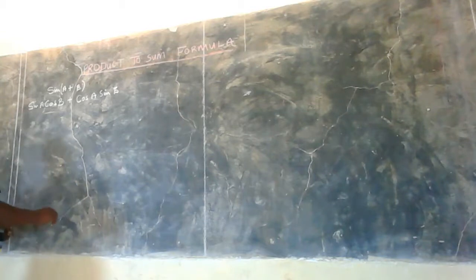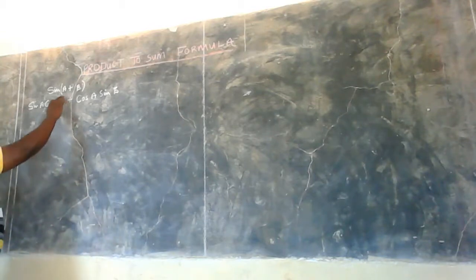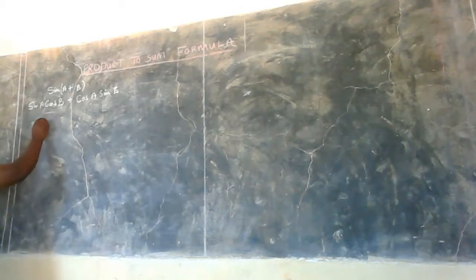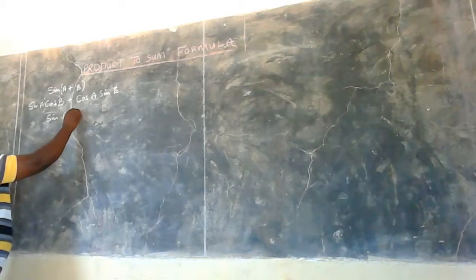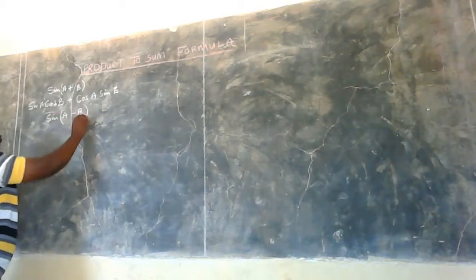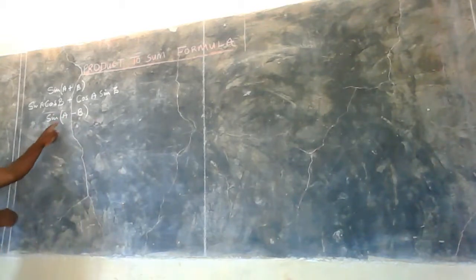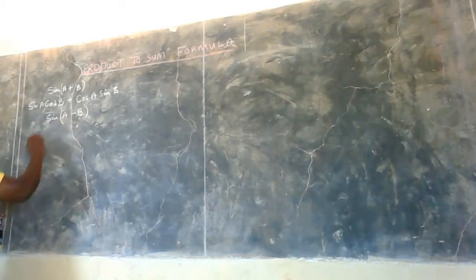Now, I want to see what can happen if I had a minus sign there. So, if I had sine A minus B, how will the expansion be for this function? In this case, we have a minus.